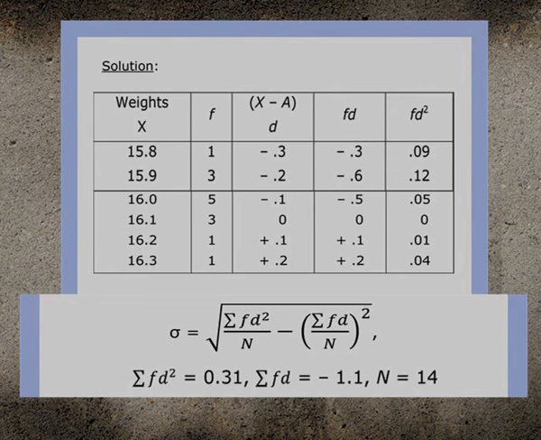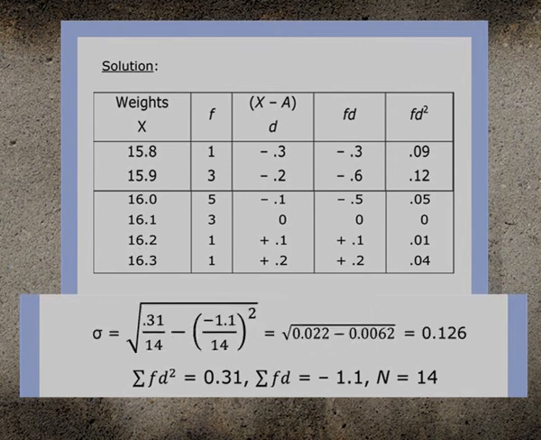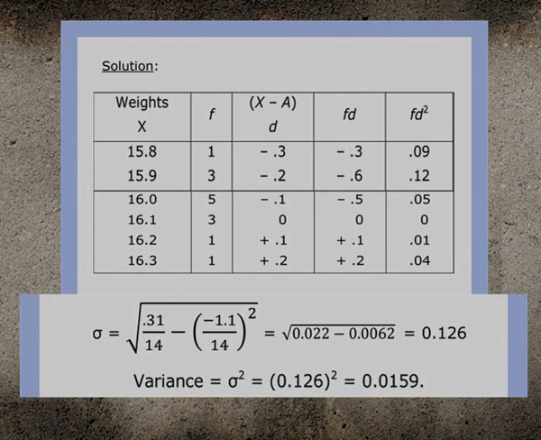We can calculate that. Sigma fd is equal to minus 1.1 and n is equal to 14. Putting these values in the formula, we get sigma equals the square root of 0.31 divided by 14 minus, in the bracket, minus 1.1 divided by 14, the whole square. So we get the square root of 0.022 minus 0.0062, which is equal to 0.126.